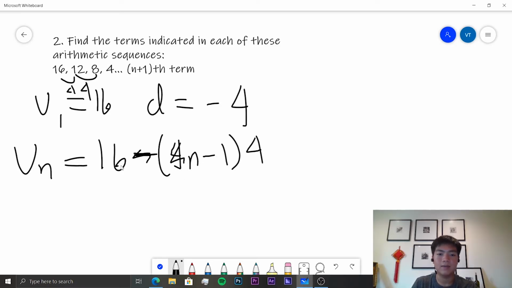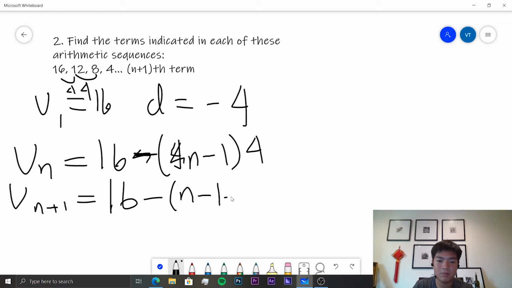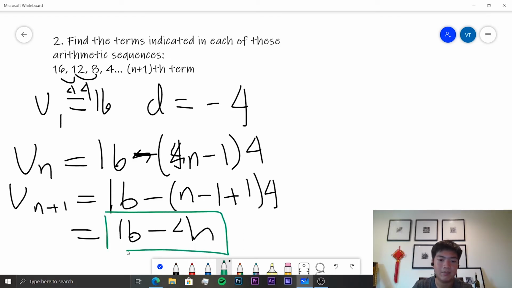To get the n plus 1 term, we just need to sub in n plus 1 for n over here. So 16 minus n minus 1 plus 1 times 4. So that's simply 16 minus 4n. And that's about it. This is the n plus 1 term.